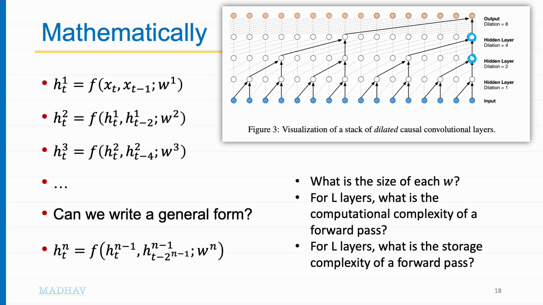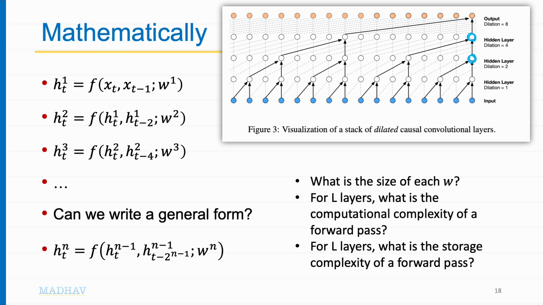What is the size of each W? 2 or 2 plus 1? 3. So 2 weights and 1 bias. So each W has 3 parameters. Are you convinced? Okay.